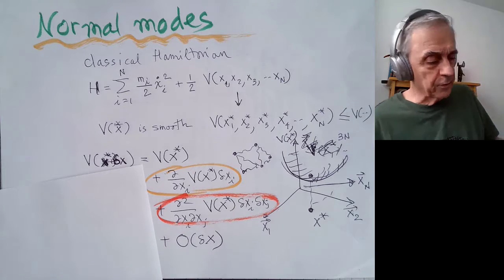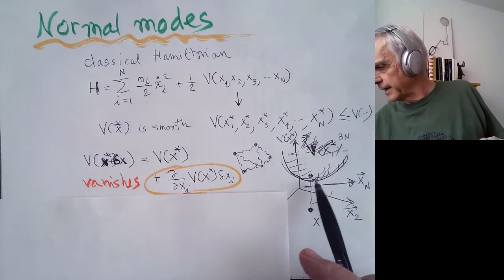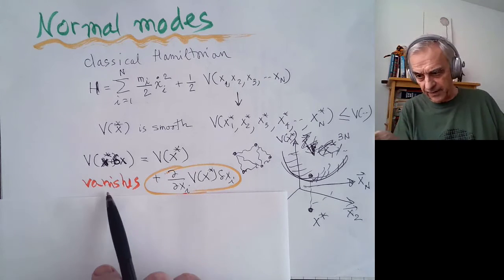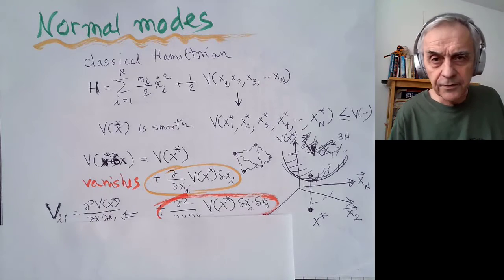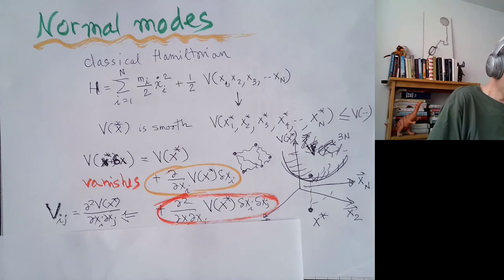We'll just go to the first two orders. Now, if we have an equilibrium, we are at the bottom of the well, so it's flat. And the first non-vanishing term is the matrix of second derivatives.